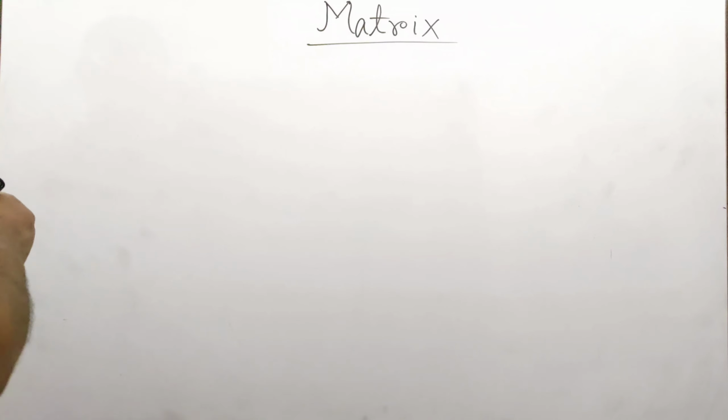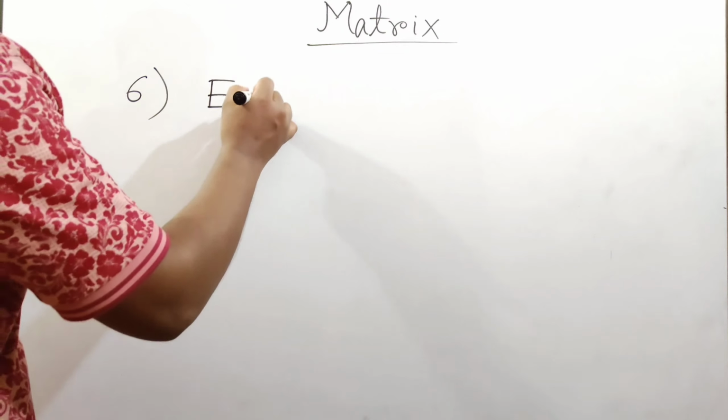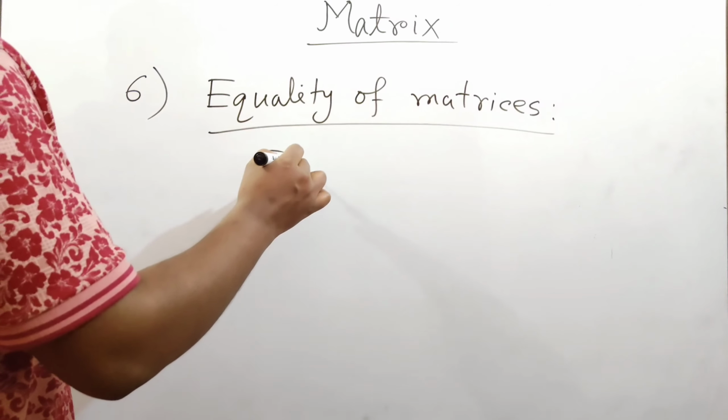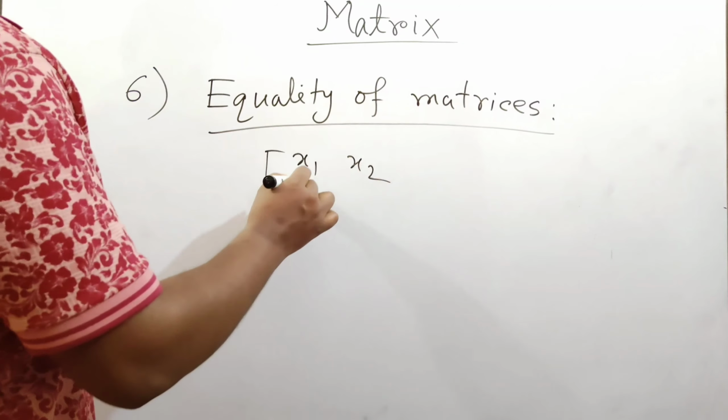Okay, number 6, equality of matrices. If two matrices are equal, that means if it is like x1, x2, y1, y2 equal a1, a2, b1, b2, then you can say x1 equal a1, x2 equal a2, y1 equal b1, y2 equal b2.